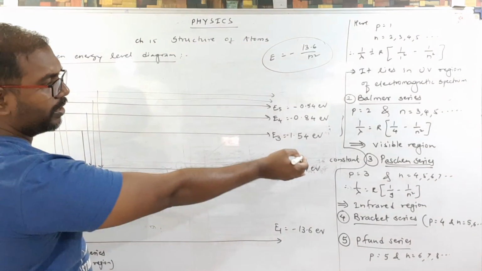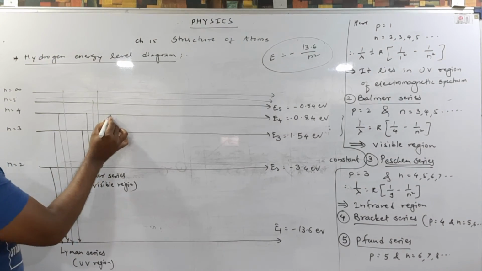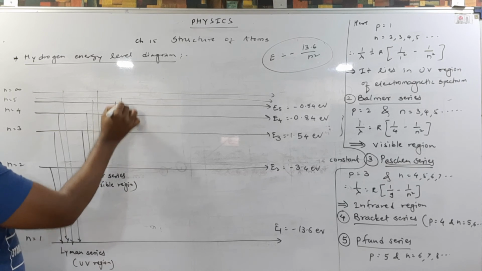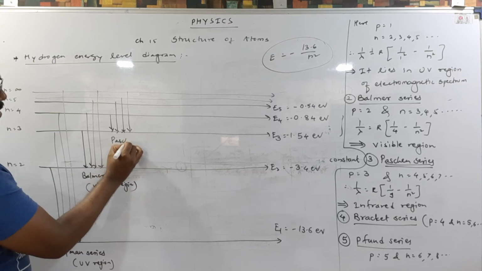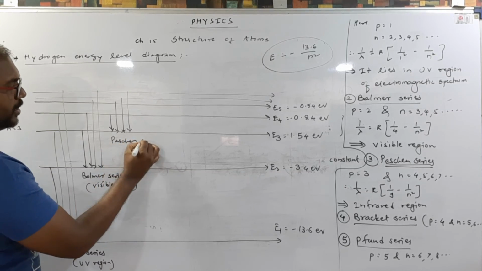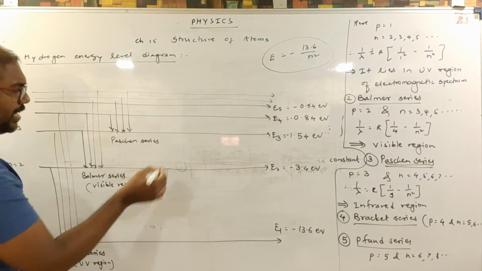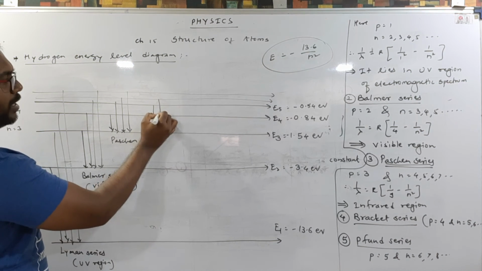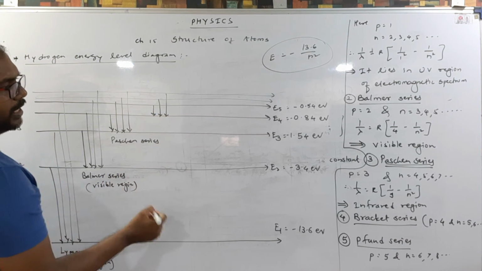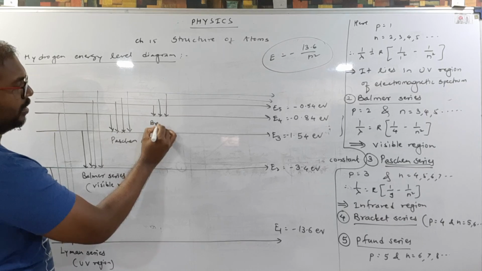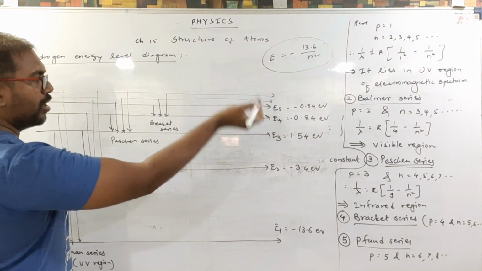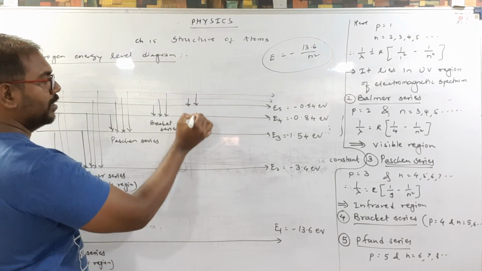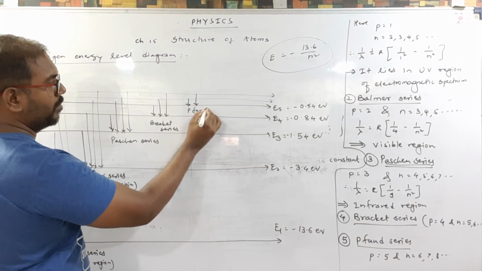Then the third is the Paschen series. When the electron jumps from an outer orbit to inner orbit 3, it is the Paschen series, in the infrared region. Then outer orbit to orbit 4 is the Brackett series, and outer orbit to orbit 5 is the Pfund series.